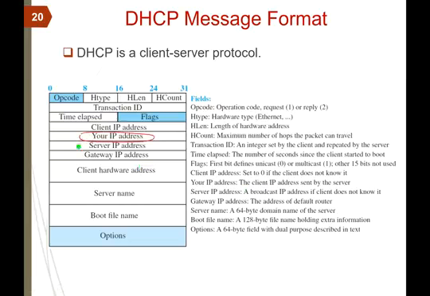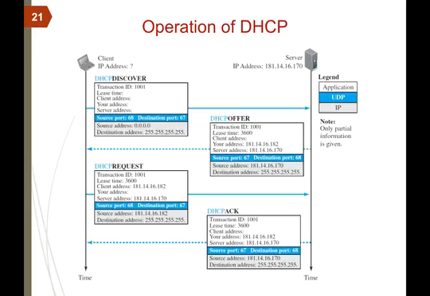Server IP address is the IP address of the server that provided this IP. Gateway IP address is the address of the default router, if you have a router going to the internet, for example. Server name is the domain name of the server, and then these other fields. We are mostly interested in these now. You have to know how this works.